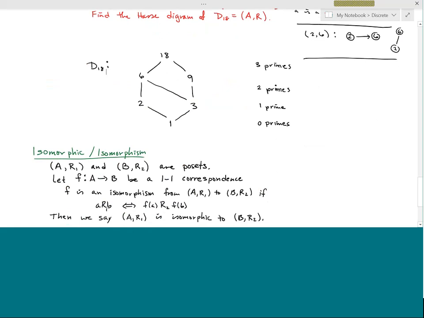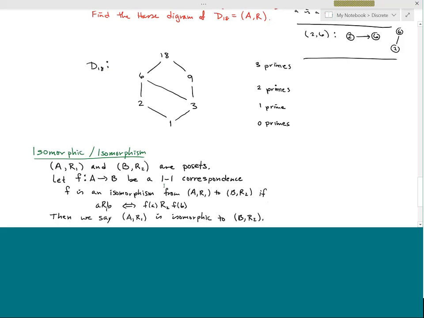Suppose you've got two posets, (A, R1) and (B, R2). So the building sets of your two posets are A and B. Your two partial orders are R1 and R2 because I was too lazy to pick a different name. Okay? Your isomorphism is a function. So f here indicating some function. And the domain of f is building set A for the first poset. The codomain or range of the function is the building set for the second poset.